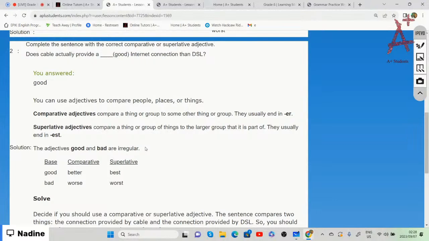And with comparative adjectives, remember we don't say good, gooder, goodest. We have good, better, best. So, does cable actually provide a better internet connection than DSL? So better.